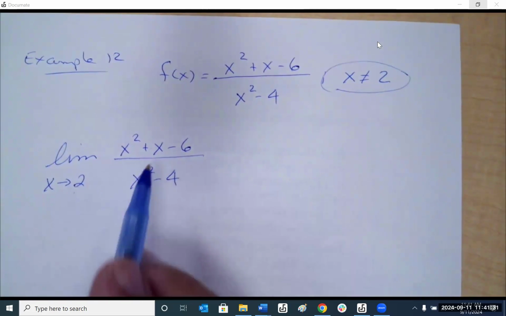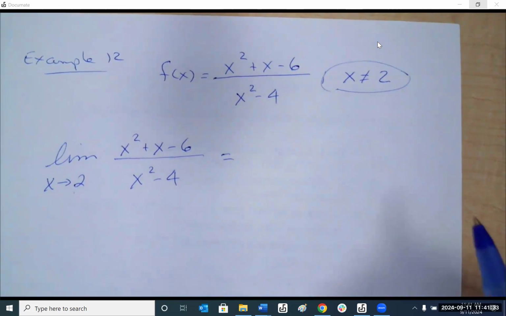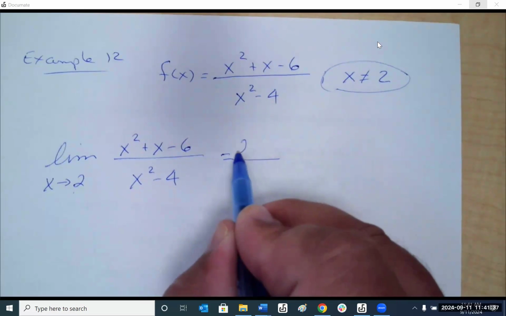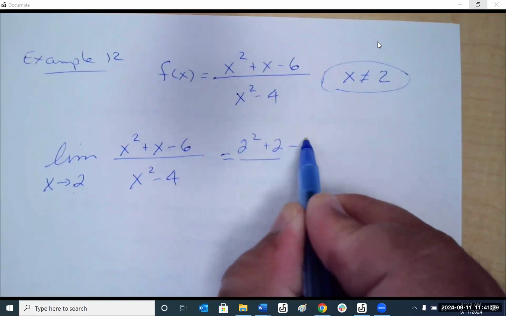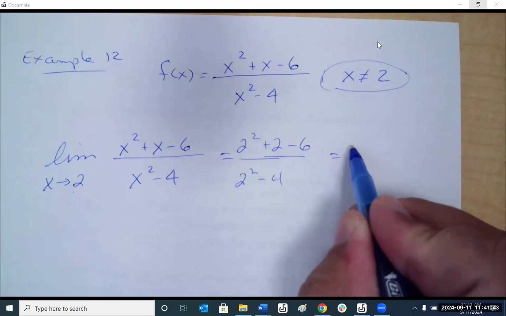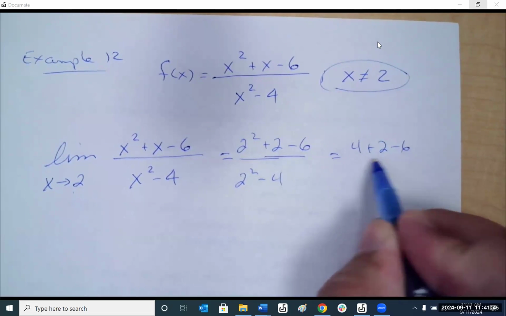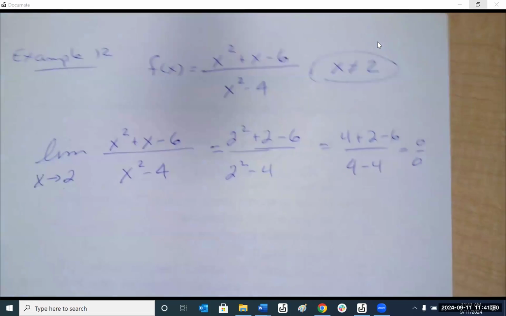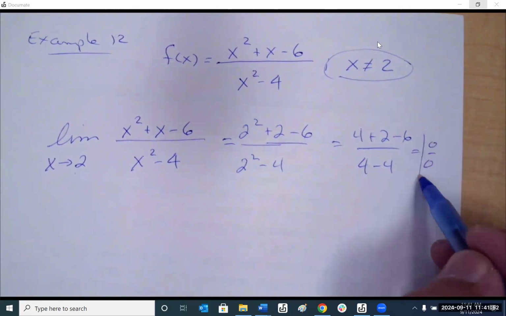So if we plug in 2 inside here, what do we get? 2 squared plus 2 minus 6, over 2 squared minus 4: 4 plus 2 minus 6, over 4 minus 4. We get 0 over 0. So what does that tell us?